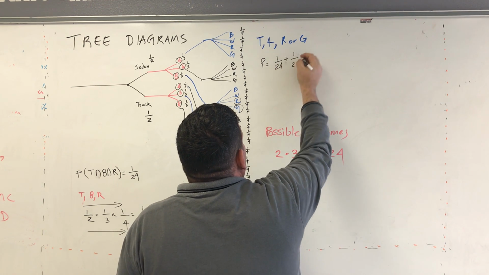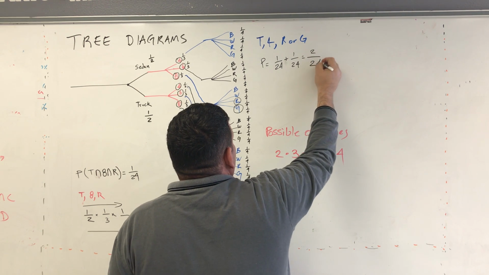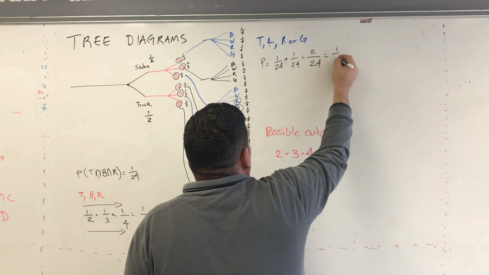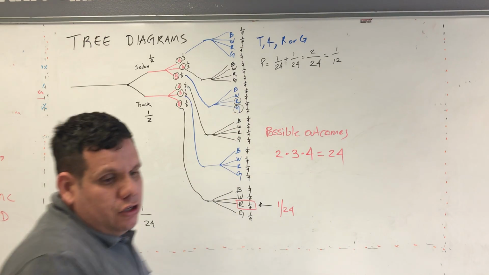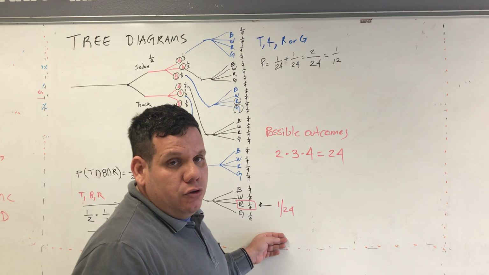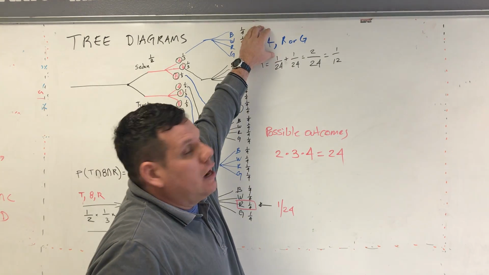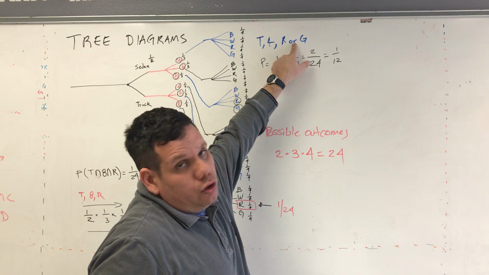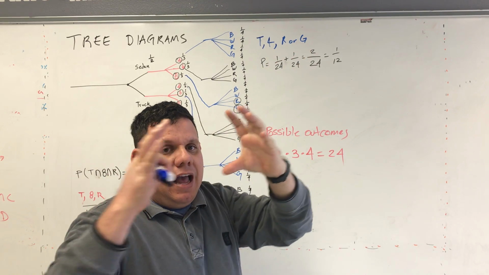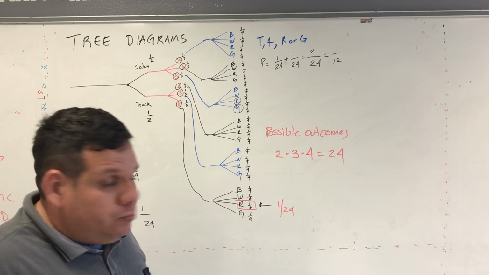We add the numbers on top, and we keep the denominator, and we simplify, and we have 1/12. So 1/12 is more in fraction than 1/24. So it is more likely to get a combination of this. Remember, the word "or" means addition, or union.